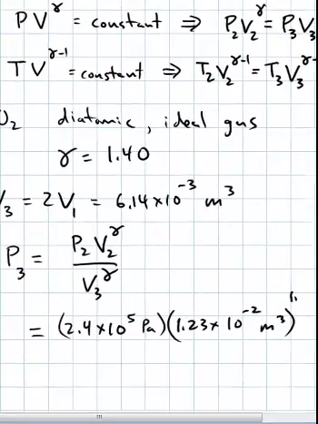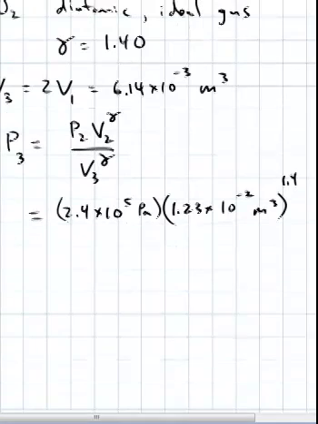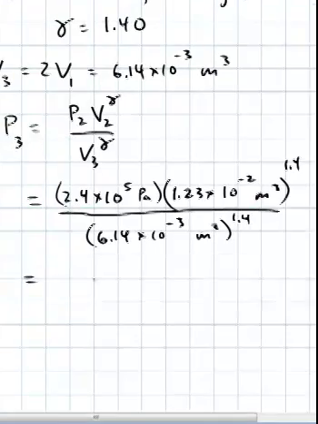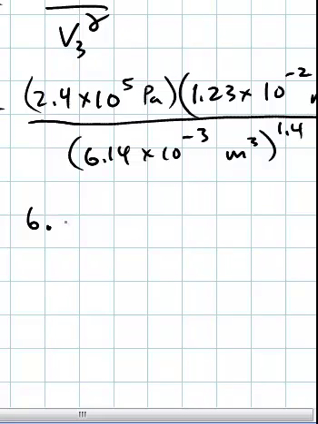Gamma is 1.4, and that's all over 6.14 times 10 to the negative 3rd meters cubed to the 1.4 power. I've got 6.35 times 10 to the 5th pascals for my pressure.